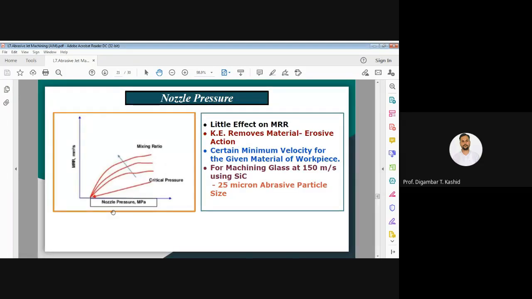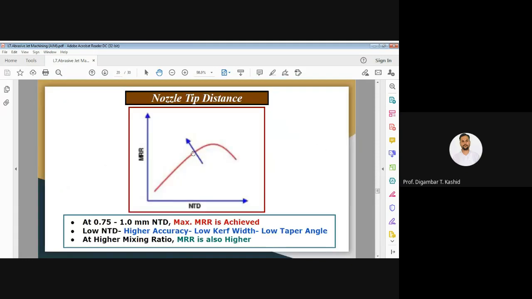You can see here, when your nozzle tip distance is very high, that time your material removal rate starts decreasing. At a very high nozzle tip distance, the velocity of the abrasive jet, as I have already mentioned, the velocity of the average particle keeps on decreasing because of the losses in the air.